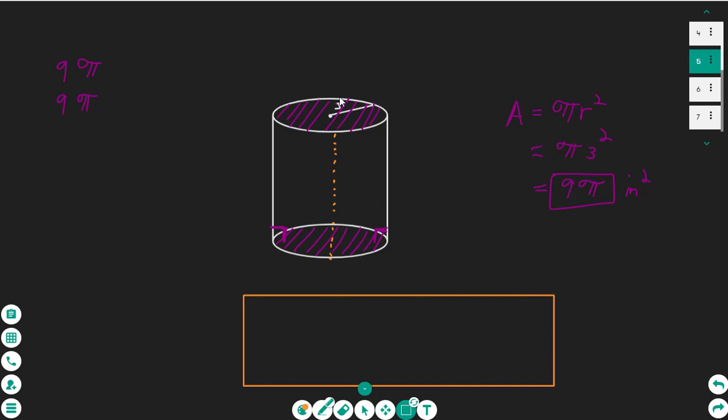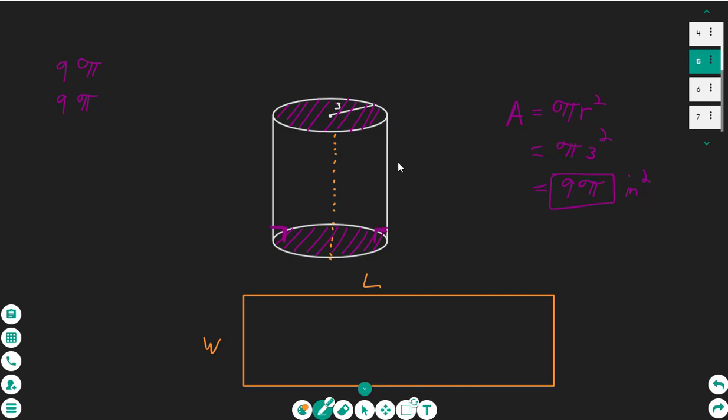And again, this is assuming that we've removed the top and the bottom. Okay? Excellent. So, once we've unrolled it, we have a shape that's recognizable. We have a rectangle, and we definitely know how to find the area of a rectangle. So the trick here is trying to discover what is the length of this rectangle and what is the width of this rectangle based on what has been given to us here.